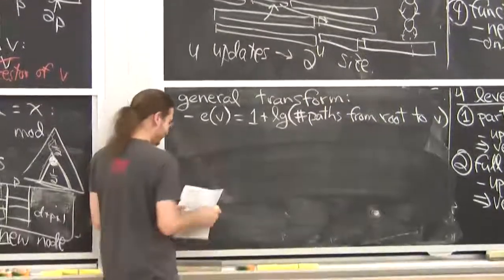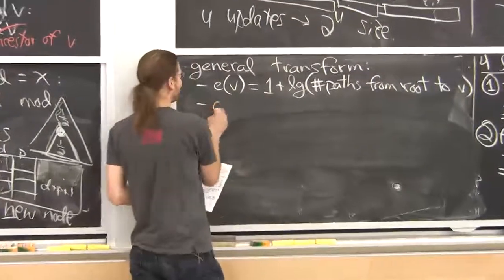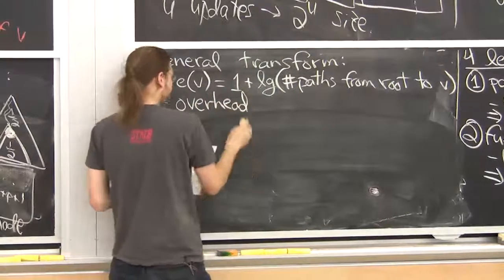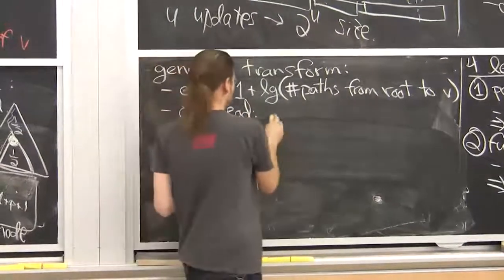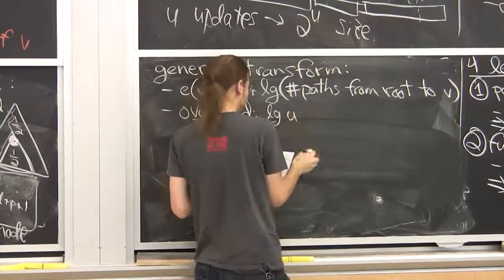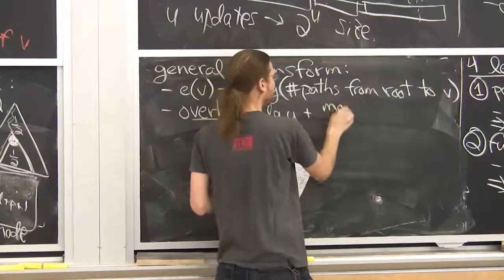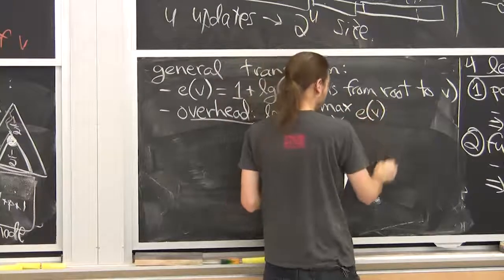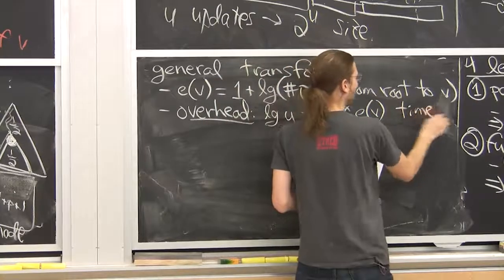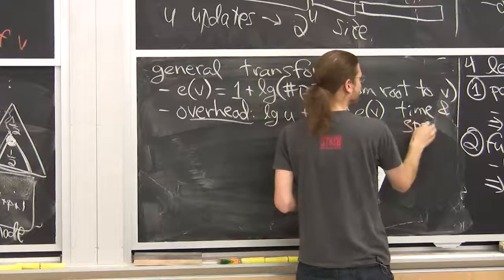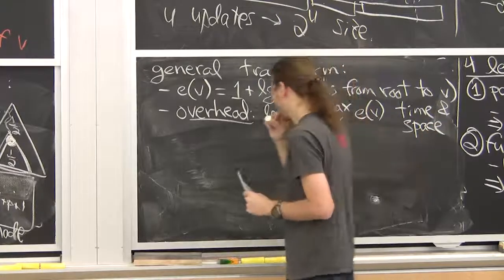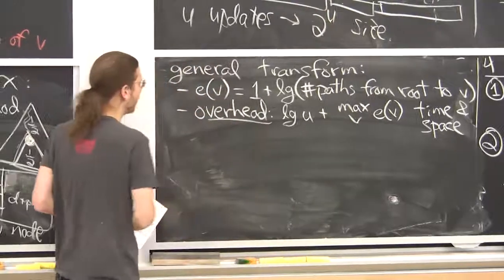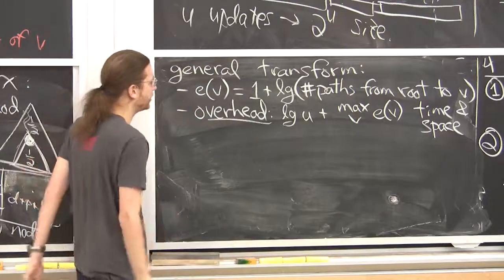Then the result they achieve is that the overhead is log the number of updates plus, this is a multiplicative overhead. So you take your running time, you multiply it by this. And this is a time and a space overhead. So maximum effective depth of all versions, maybe even sum of effective depths, but let's just say max to be safe.